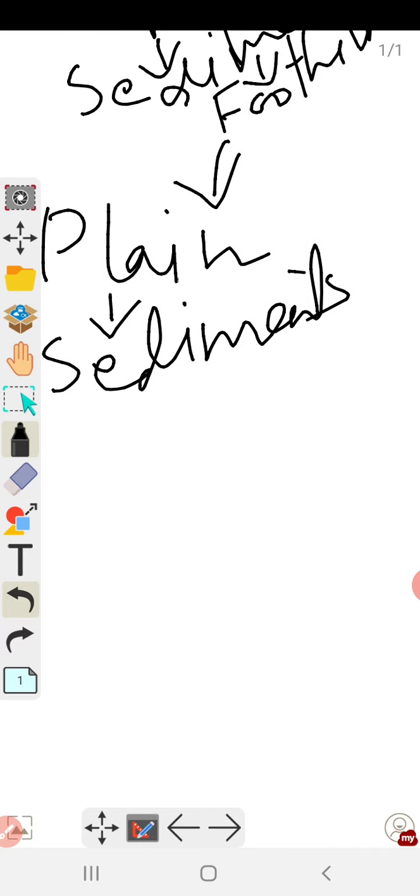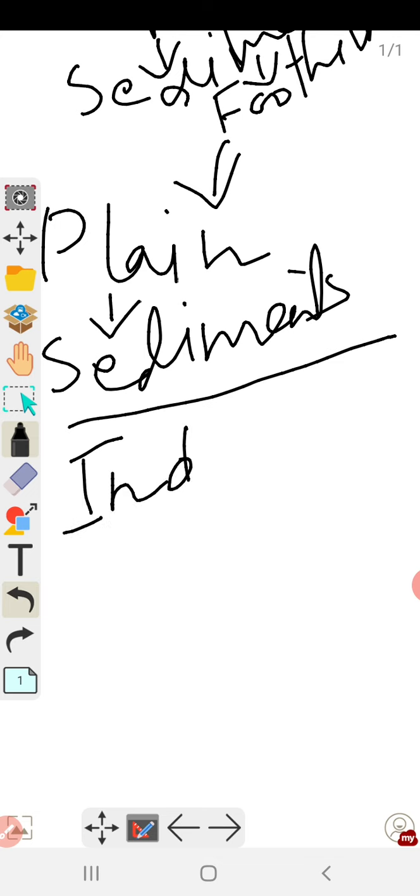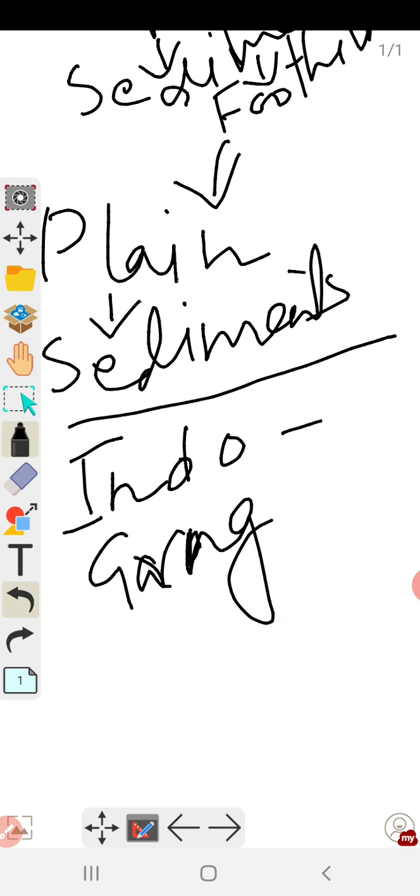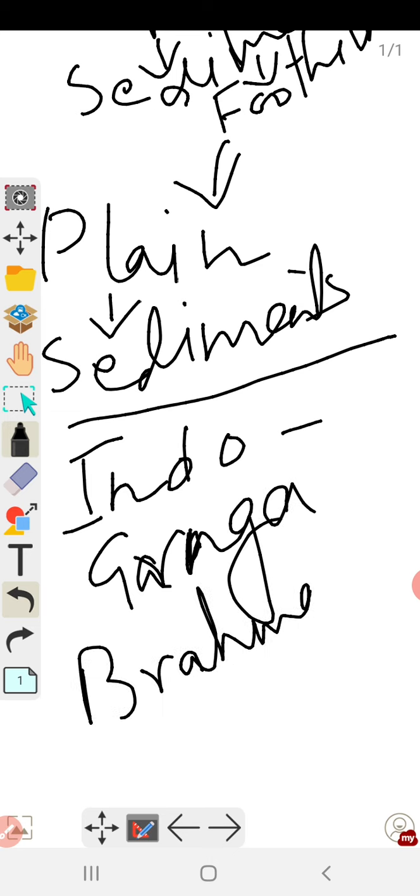It is also termed alluvial sediments, a thick deposition, and it is termed the Indo-Ganga-Brahmaputra plain, because it is created by the three rivers, the Indus, Ganga and the Brahmaputra.